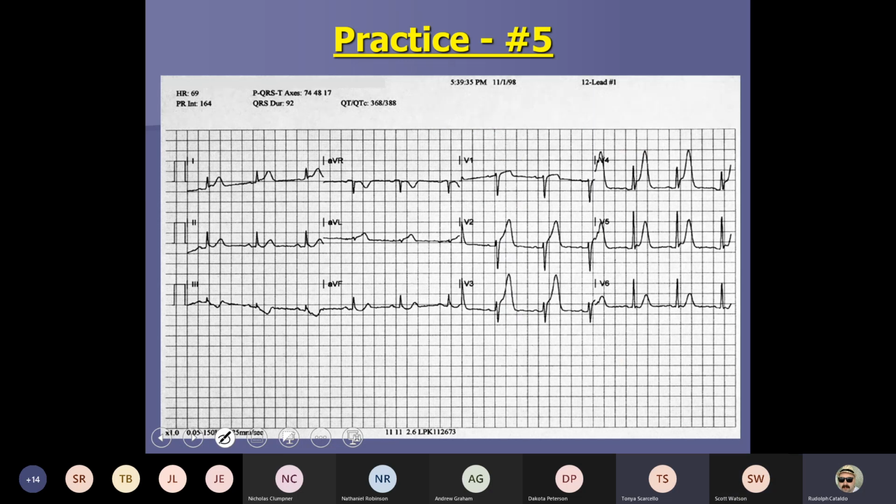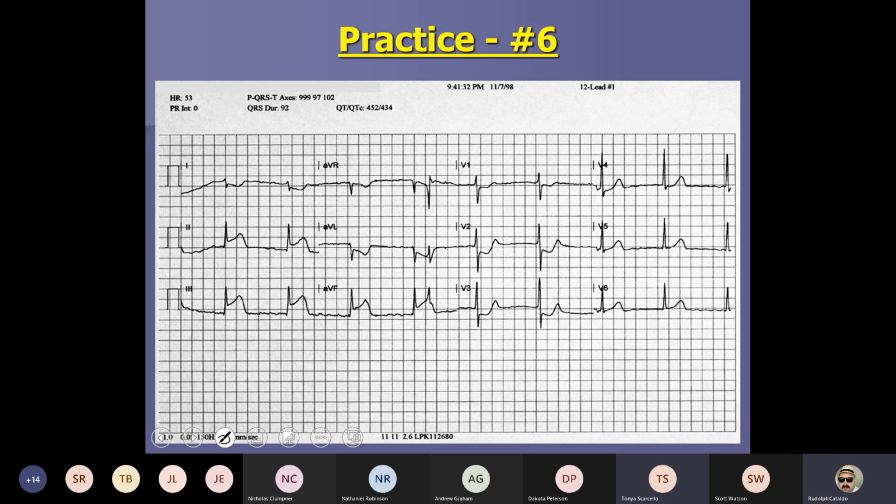All right, let's take a look at another one here. Let's see what we're looking at. Pretty much the same 12 lead. Yeah, I'm going to see if there's another one here. All right. Sarah, you listening? Yep.